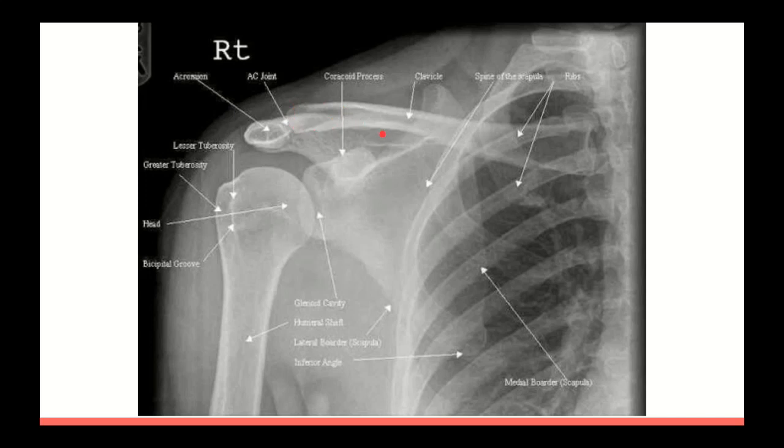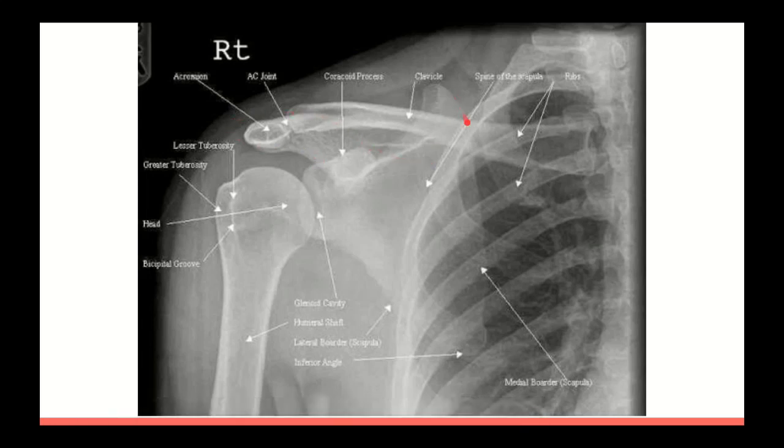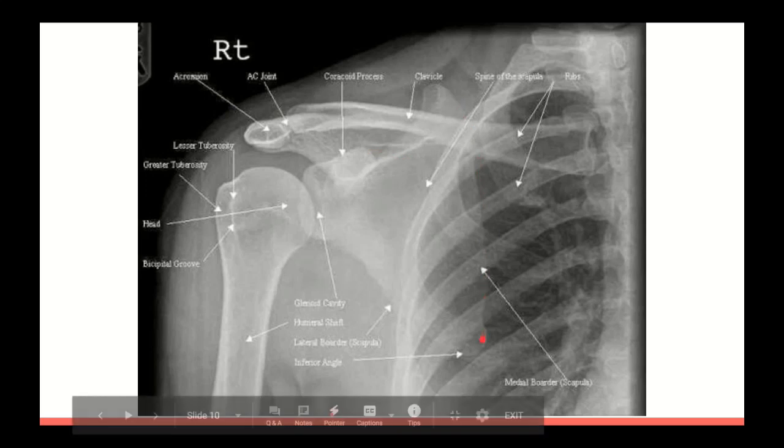And then if you can see your scapula, I am outlining it right now. It's very easy then to see all of your borders, right? The vertebral or medial border of the scapula, the axillary border of the scapula, and then the superior border of the scapula coming up right through here.